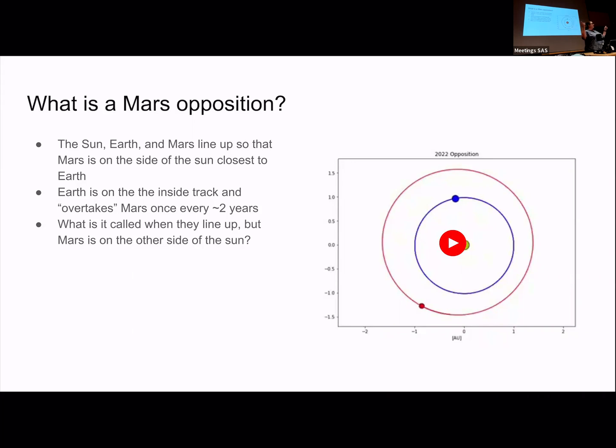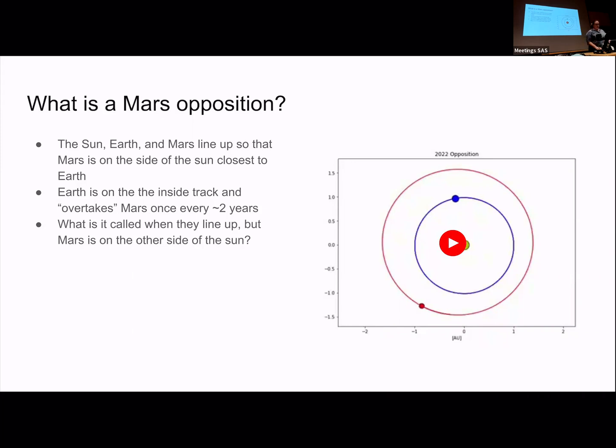When they're on opposite sides, it's called a conjunction. That's right. And specifically, which kind of conjunction? Superior conjunction, meaning that the planet's on the far side of the Sun. With the inner two planets, Venus and Mercury, it's also possible to have an inferior conjunction, which is where the planet crosses between Earth and the Sun.